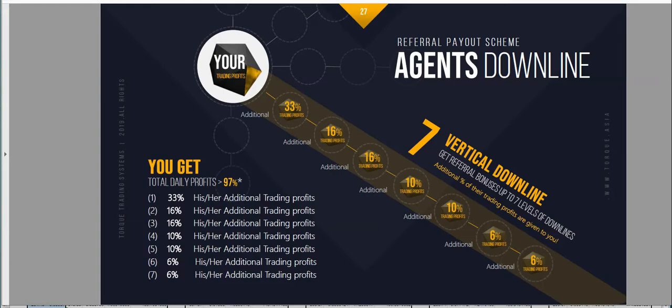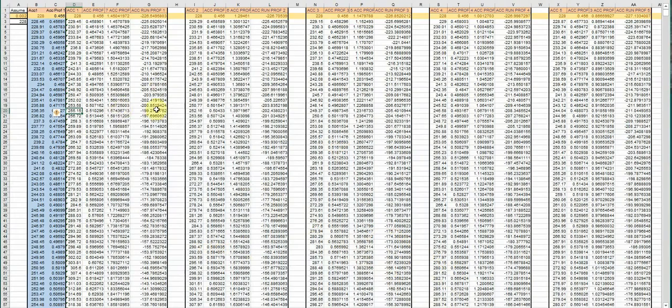Now, it's a combination, not just of that, but of the other accounts doing exactly the same thing. So if you take this value here, for example, that's taking the 33%, the 16, the 10, 10, etc. But then this value here is also doing exactly the same, and this value, as a random one, is also doing the exact same.